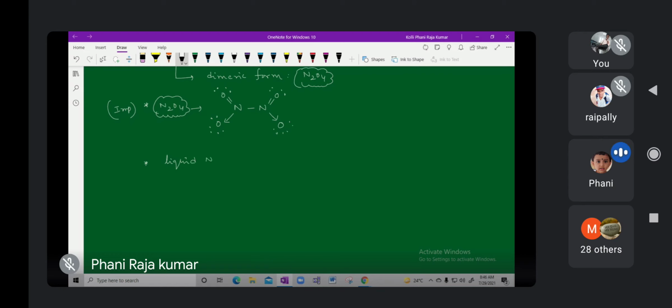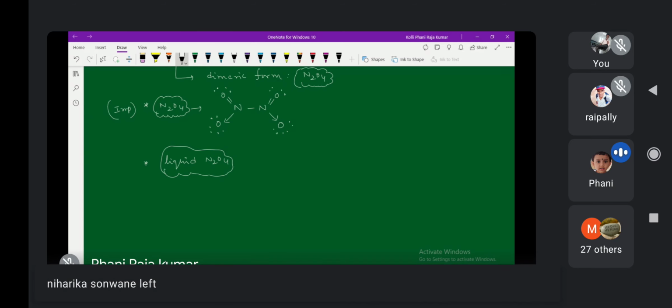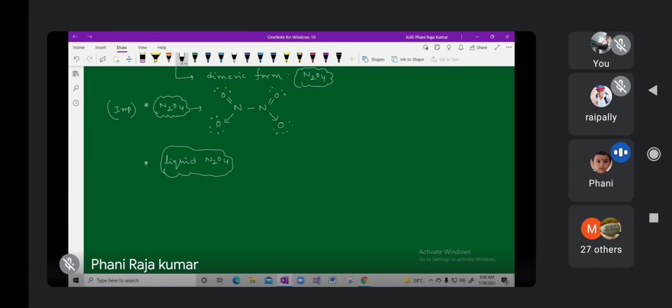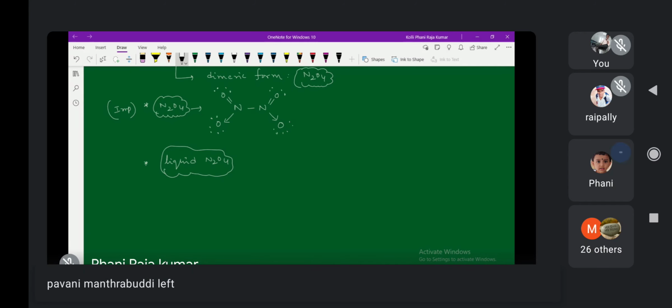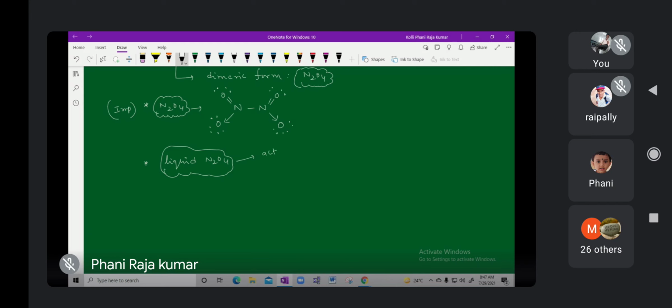the liquid form of N2O4, because NO2 is a gas, no? That gas converts into the dimeric structure. In the dimeric structure of N2O4, we have both liquid as well as solid forms. On cooling NO2 gas, it becomes N2O4, liquid or solid. Mainly the liquid form plays an important role. This liquid N2O4 acts as a non-aqueous solvent.